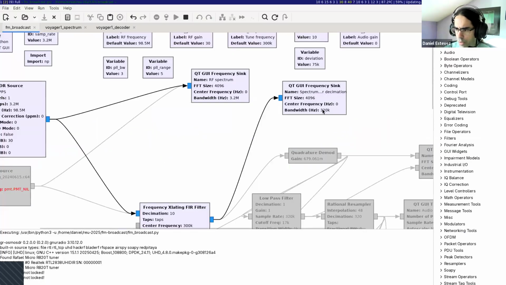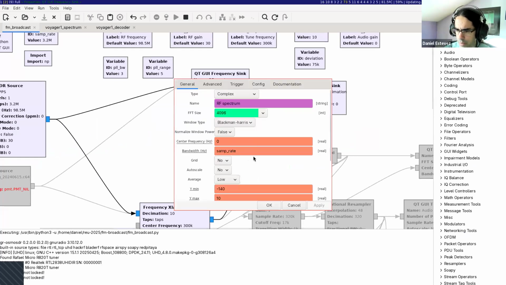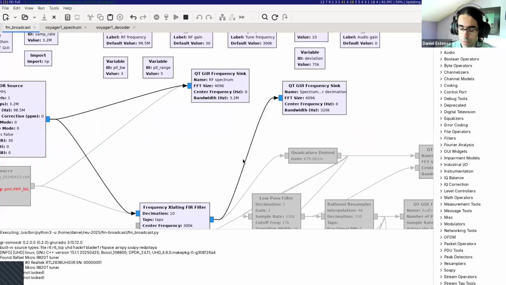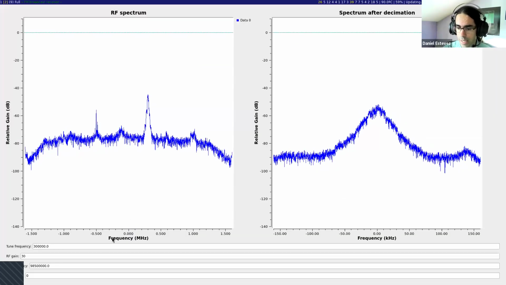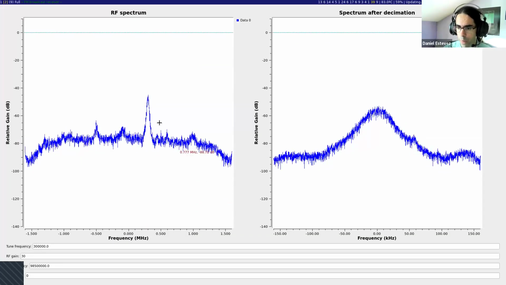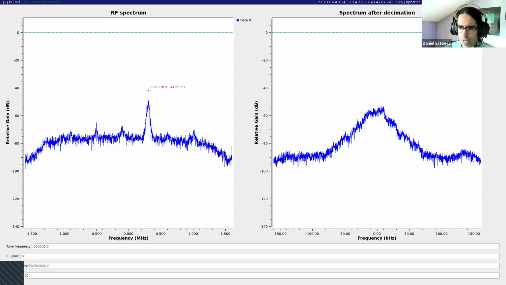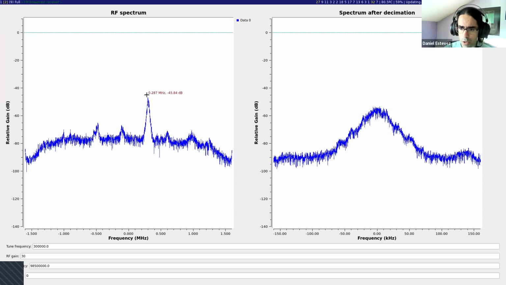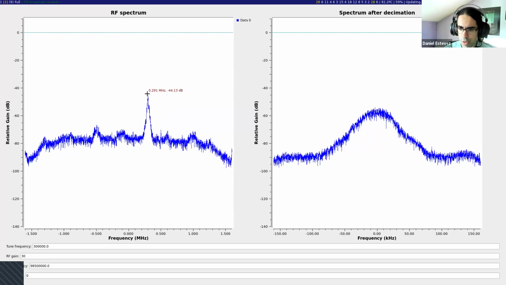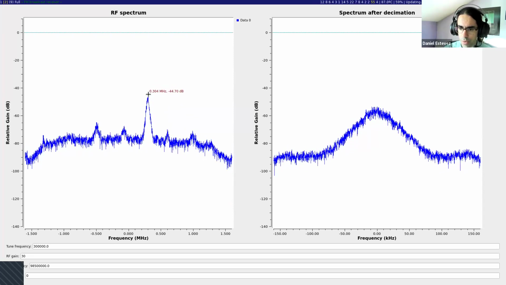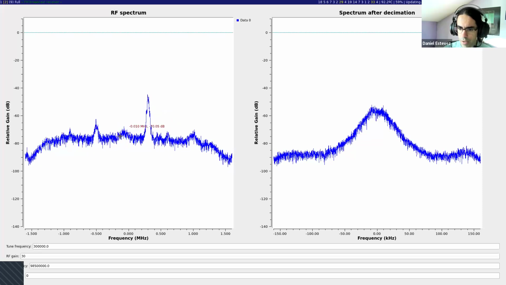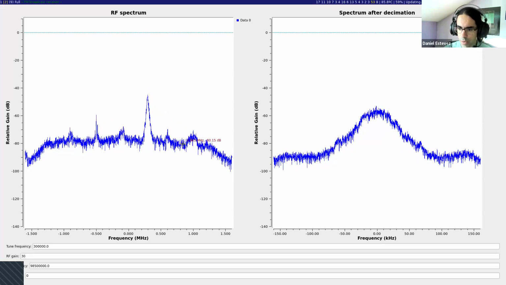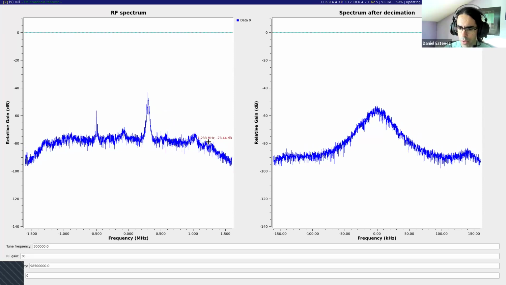By the way, in case you ever want to do that, you can set the center frequency to any value you want, so 98.5, and this will display accordingly. But I find it easier to work in frequencies relative to the center. We know our station of interest is at 300 kilohertz, so it's the one here. And there is another station here, another one, maybe another one.